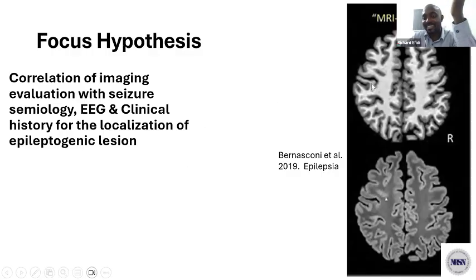As in this case, this MRI was passed as negative. But using the focus hypothesis, it was discovered that there is actually a lesion in the right frontal lobe, which was missed previously.